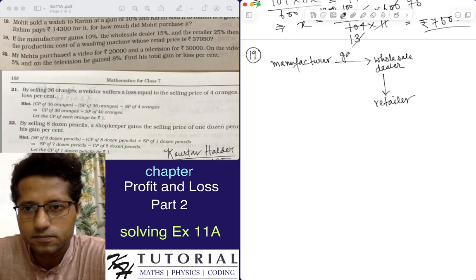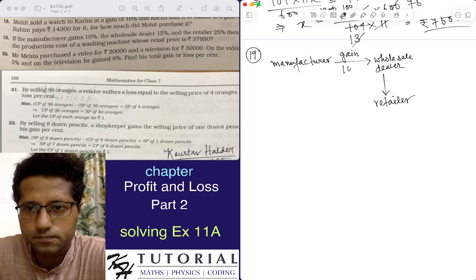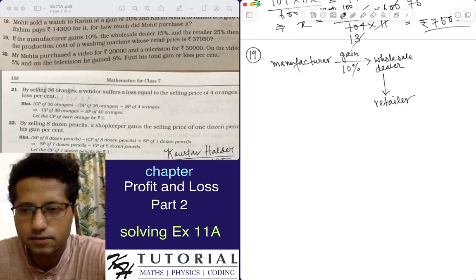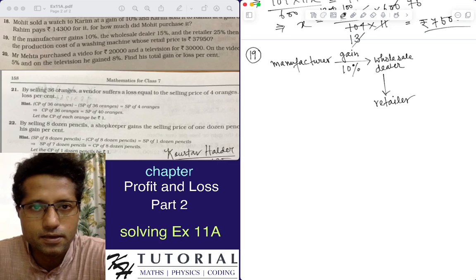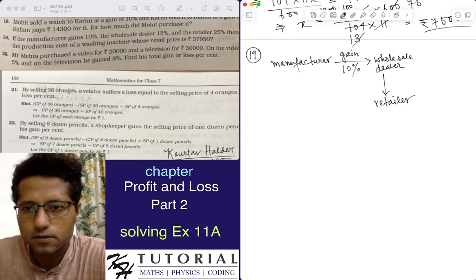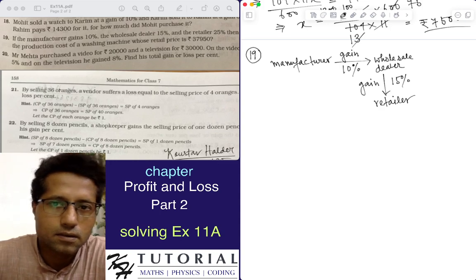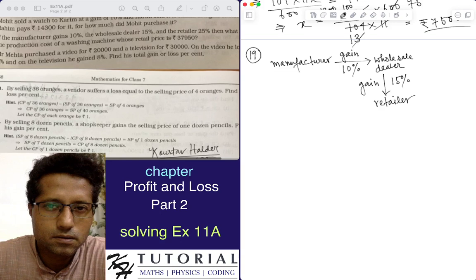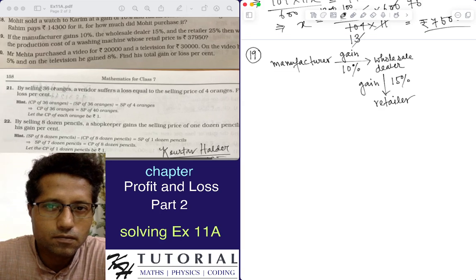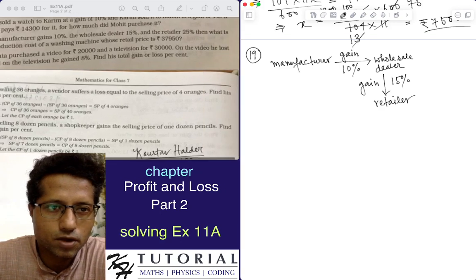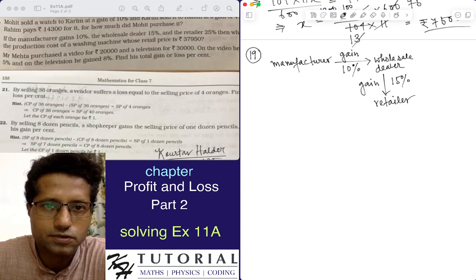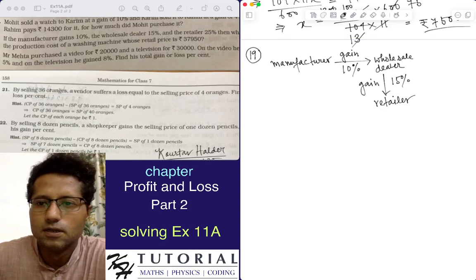He gains 10%, and when the wholesale dealer sells the machine to the retailer, he gains 15%, and the retailer 25%.